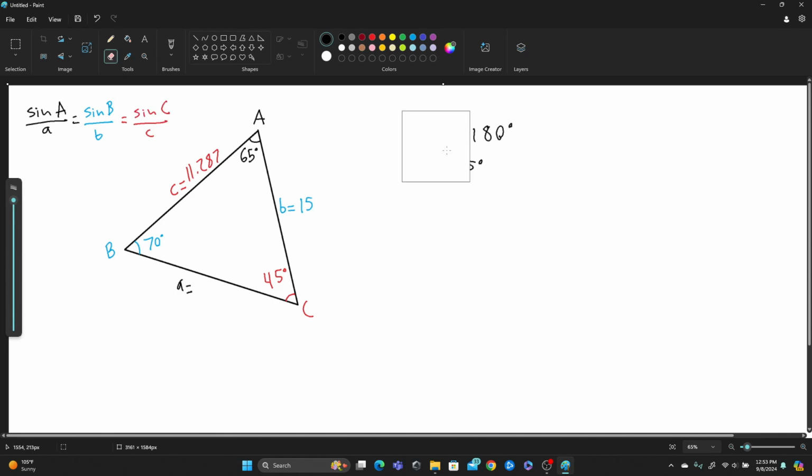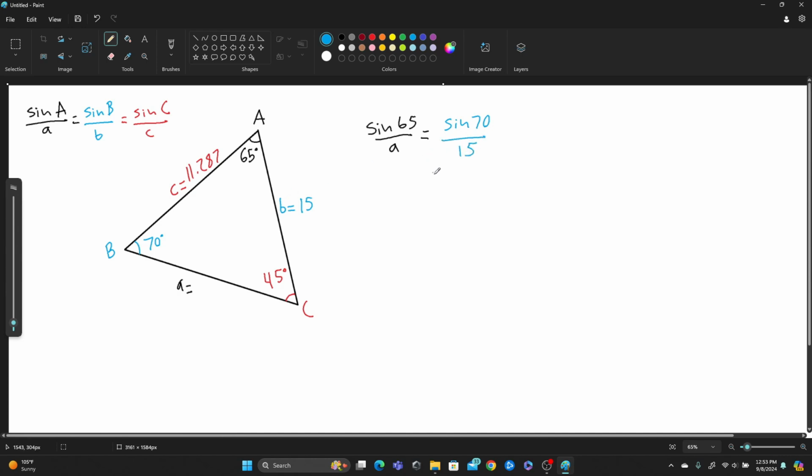It's one step closer to completing the triangle. And now with that information, we can find side A using the law of sines. So we know that sine 65 over side A is going to be equal to, let's use angle B and side B just because this is an easier number than 11.287, sine 70 over side B, or 15.